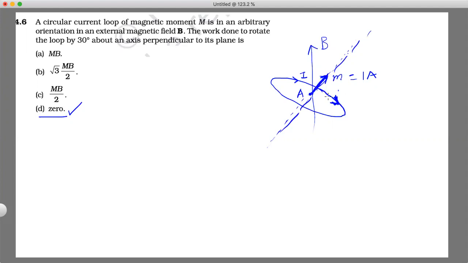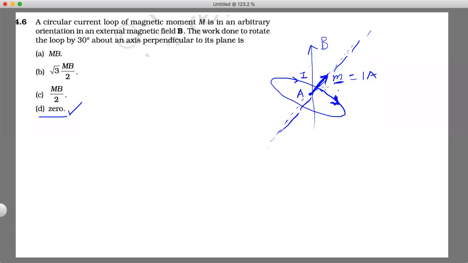Now, when I turn this loop a little bit around this axis, does it do anything to the M? It doesn't, right? So there is no interaction happening between M and B, right? We have not done any work then, right?